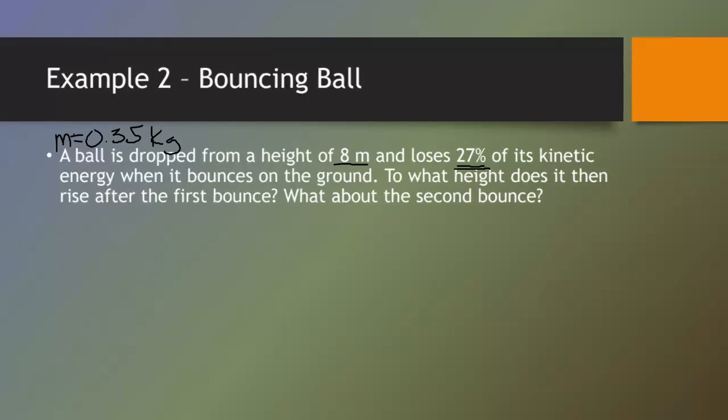Well, its kinetic energy just before it hits the ground is the same as its potential energy right when it's dropped. Let's just say this: the initial energy is equal to the final energy.